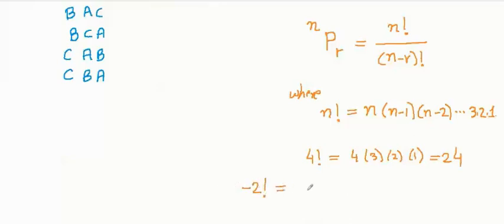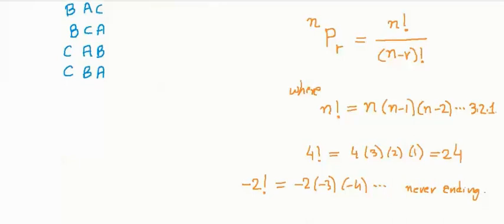We have to subtract 1 at each stage: -2 times -3 times -4. It will keep on going, it will never end. It's a never-ending chain. So factorial of a negative number is not possible.